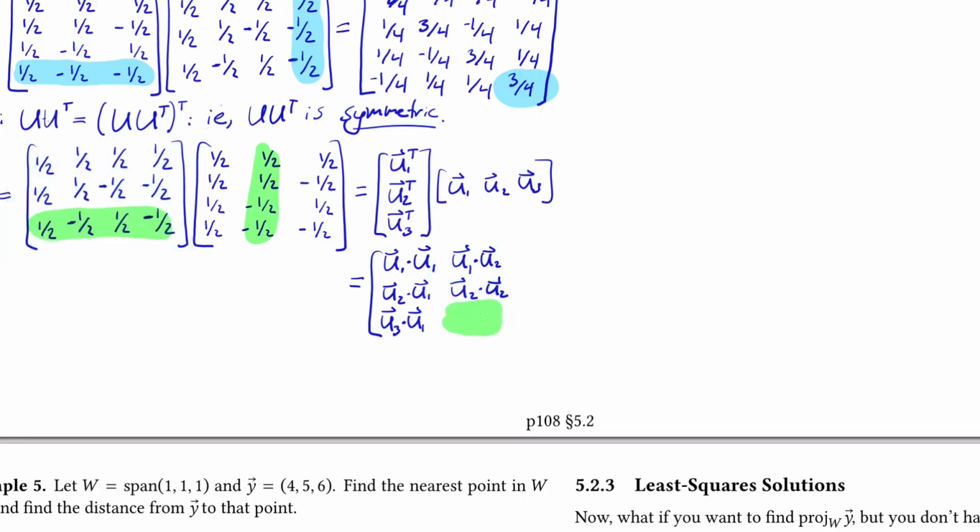Then for the third one, that is u3 dot u2. And in column 3, it's the same thing. It's just u1 dot u3, u2 dot u3, and u3 dot u3. Like so.